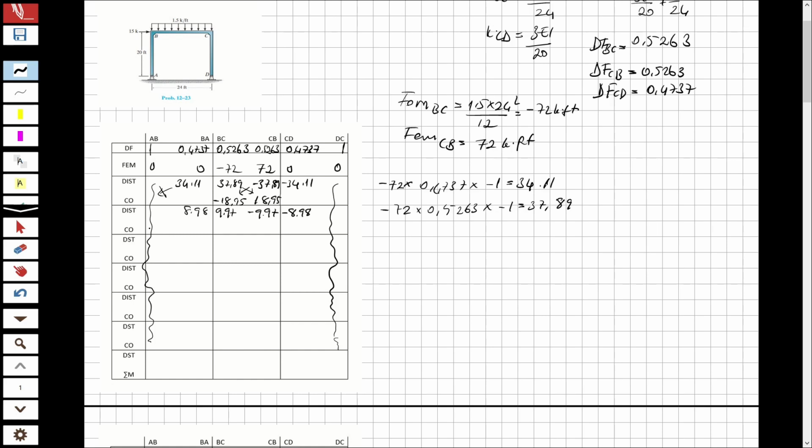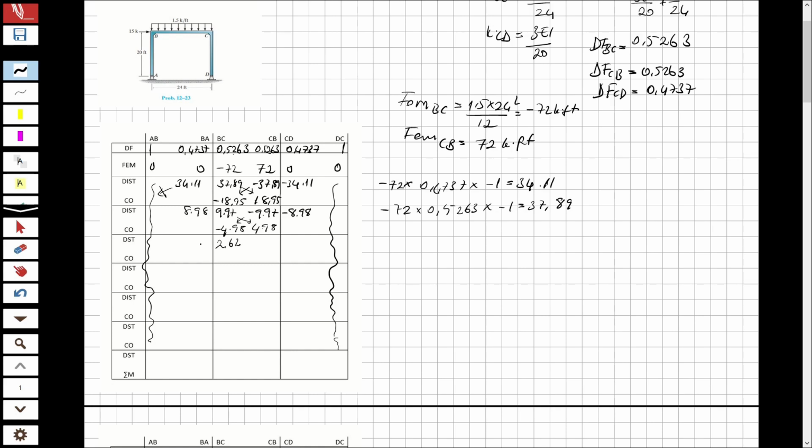When I can't do it here, it will come here also. So I'm going to distribute both of these. This is going to be minus 4.98. When I carry over, I'm going to multiply with 0.5 and take half of this here, and it is also half of this here, 4.98. When I multiply with its own distribution factor, I'm going to obtain, and of course negative, because this is negative, this will be positive, 2.62.